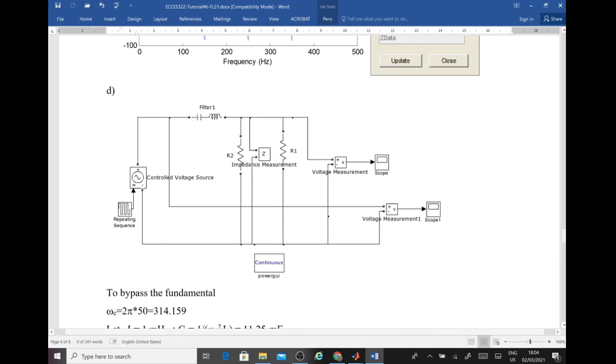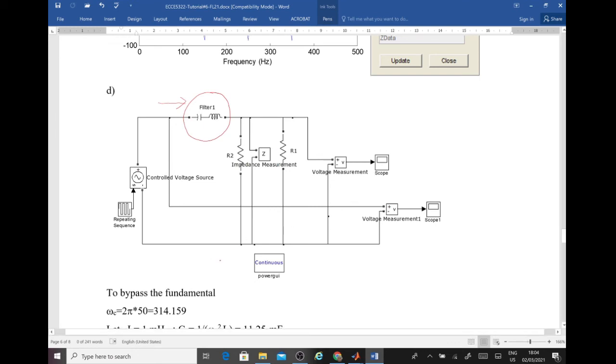Okay, so over here, this is our filter. This filter needs to block all harmonics, or most of the harmonics, and allow only the fundamental component to go through. Okay, so we call it again a band pass filter.